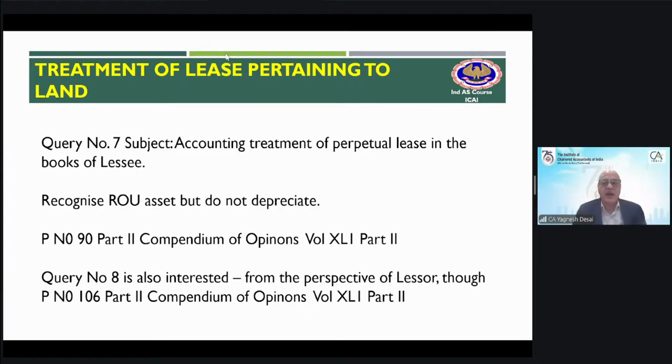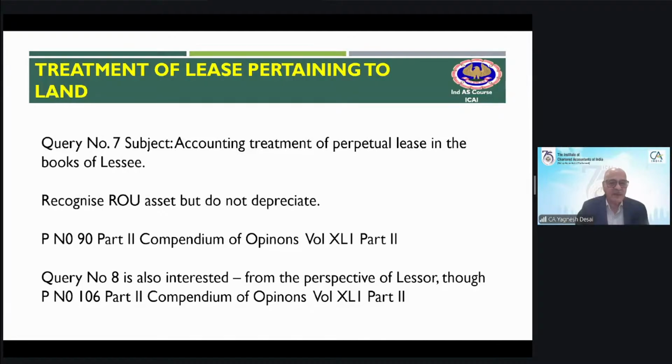Now, there is one very important question, and this has been asked many times. So before you could ask me the question, I have included it. This is based on the opinion of the EAC Expert Advisory Committee on accounting treatment of the perpetual lease in the books of the lessee.